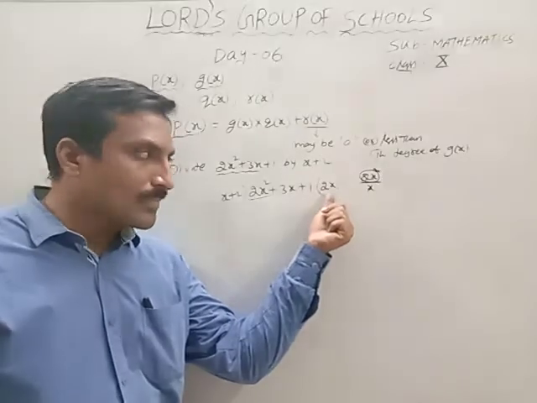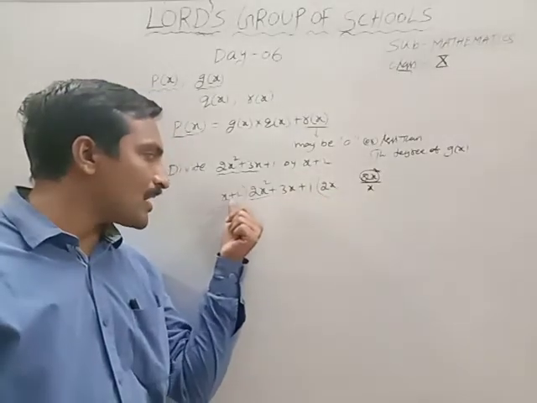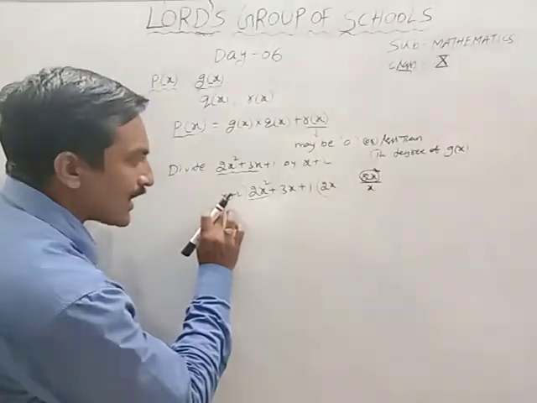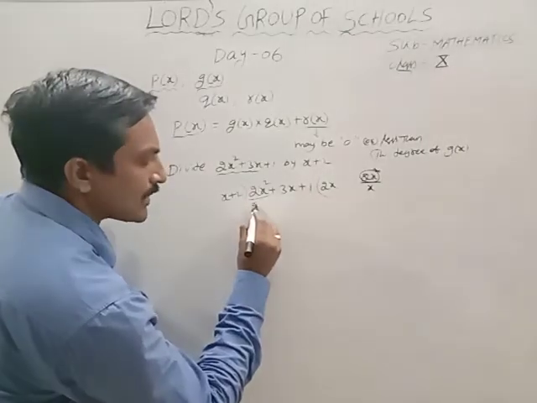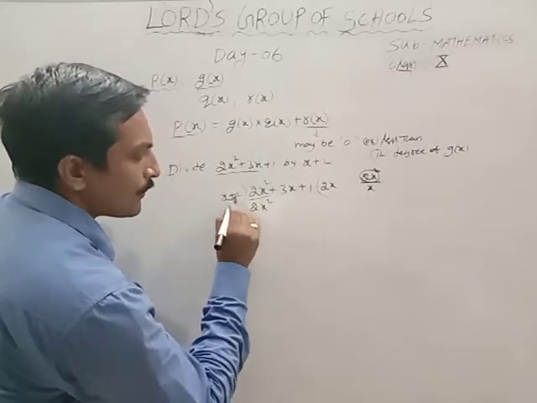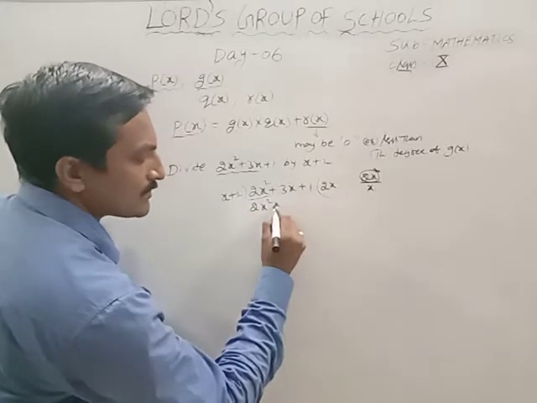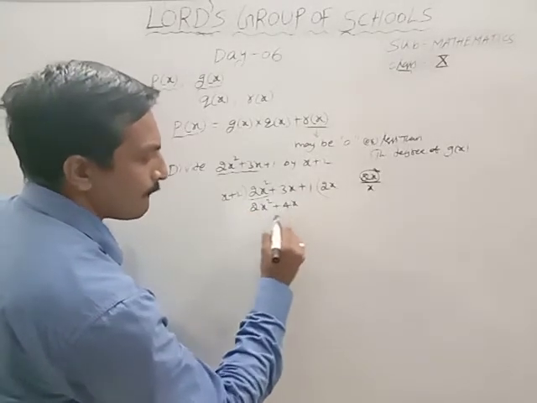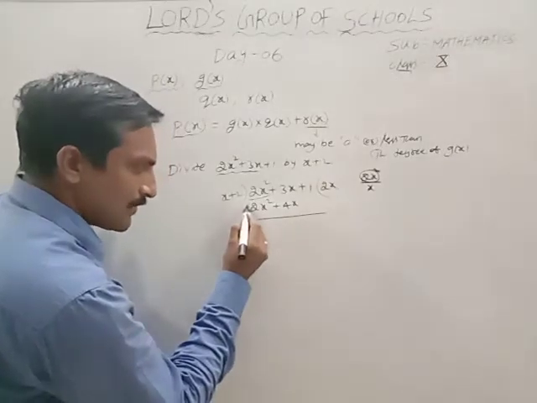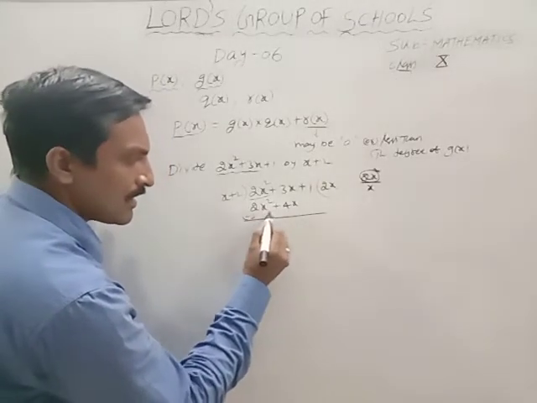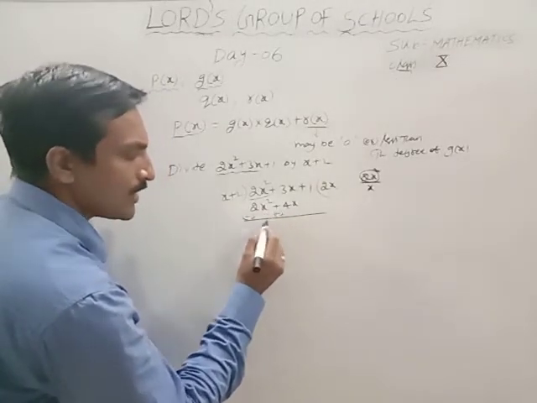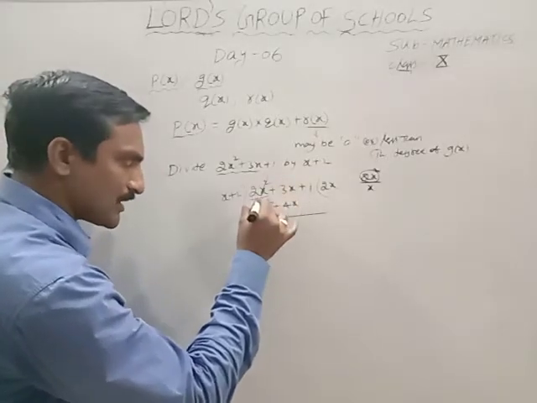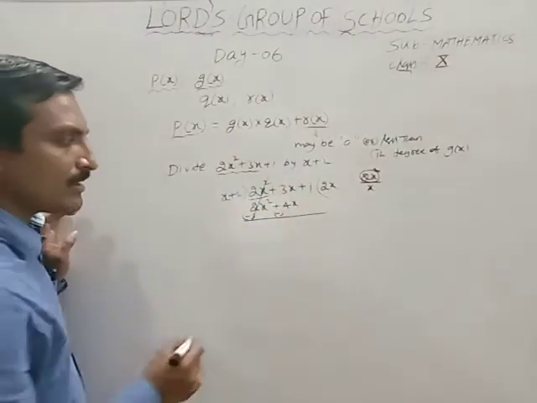This term is multiplied with each and every term of the divisor: x into 2x, 2x square, plus 2 into 2x, 4x. Change the symbols, plus becomes minus. 2x square minus 2x square will be cancelled.